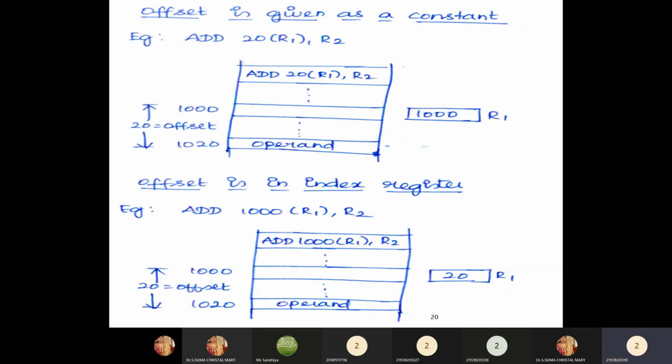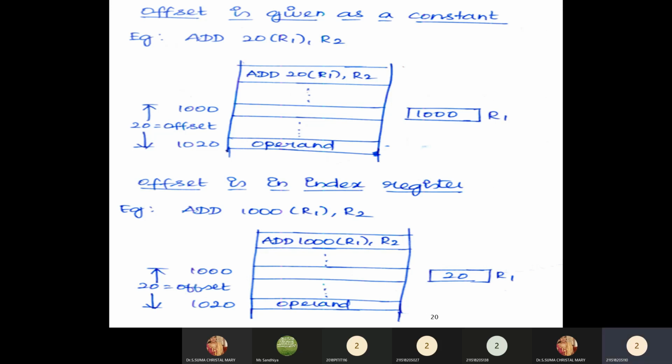This is the example of the offset. Offset is given as a constant, and offset is in the index register. We have two offsets, as a constant and in the index register. Here the first example, in constant, is add 20 of R1 comma R2. So we are adding 20 to R1. In the index register example, it is given as add 1000 of R1 comma R2, so we are adding 1000 to R1.